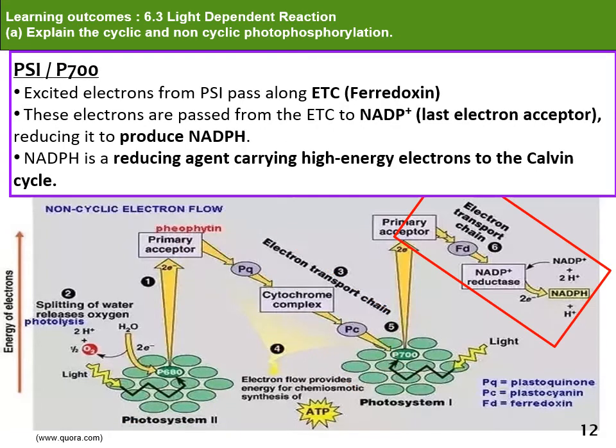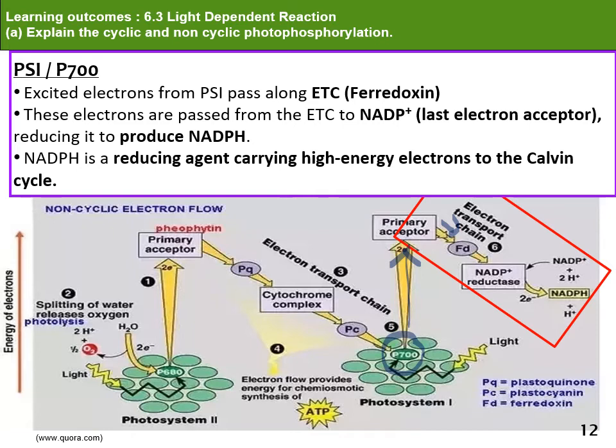While for photosystem 1, the excited electron from P700 will be received by the primary electron acceptor, and then from the primary electron acceptor, this electron is transferred in an electron transport chain, where ferredoxin will receive this electron.